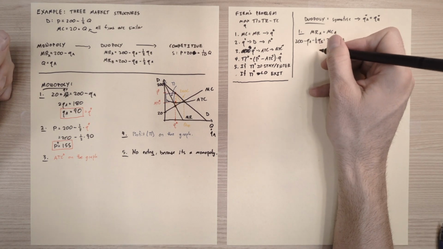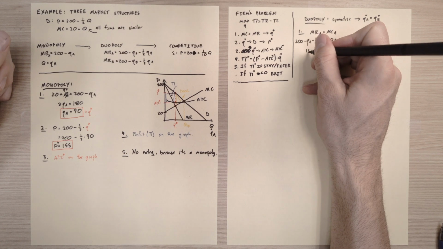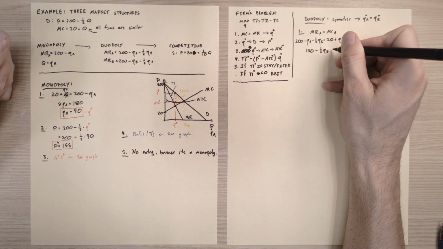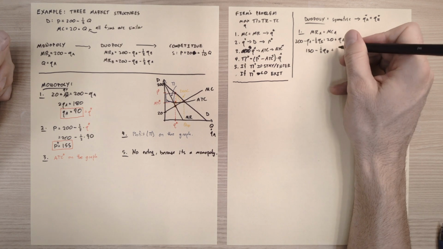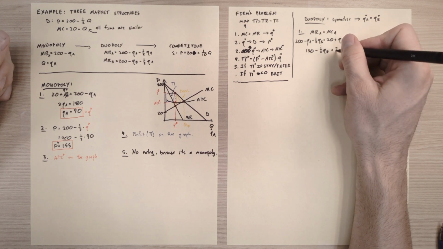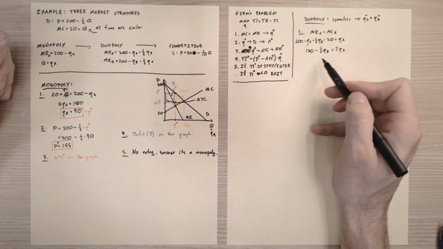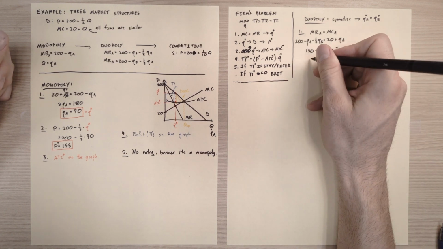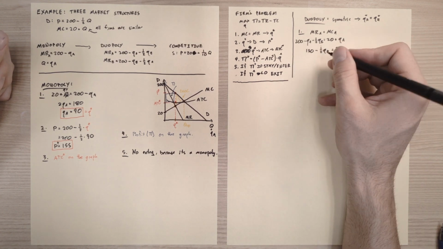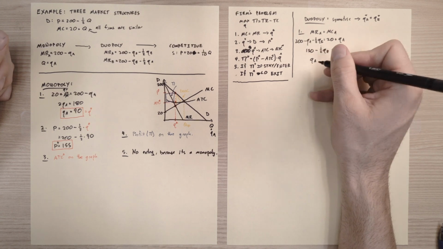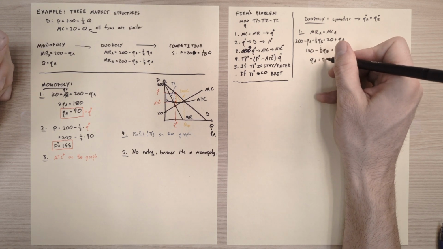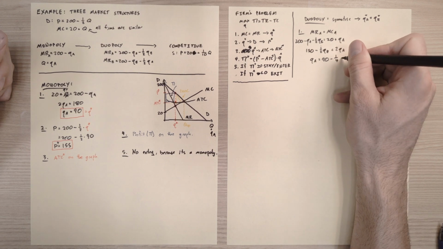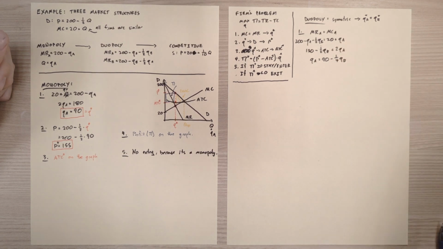So on one side we have 180 minus 1/2 QB. And then on the other side we have 2 QA. I'm just going to flip this around. I like QA to be on the left-hand side. And then I'm going to divide both sides by 2. So QA is equal to 90 minus 1/4 QB.